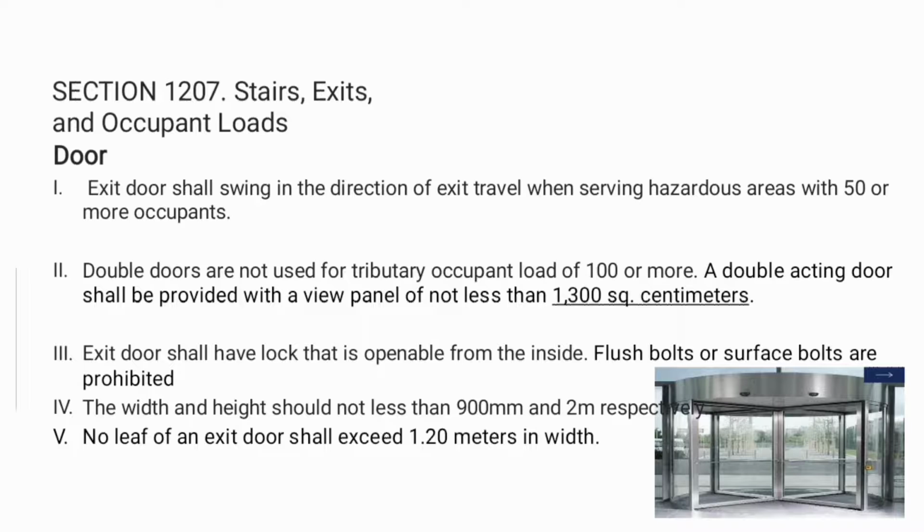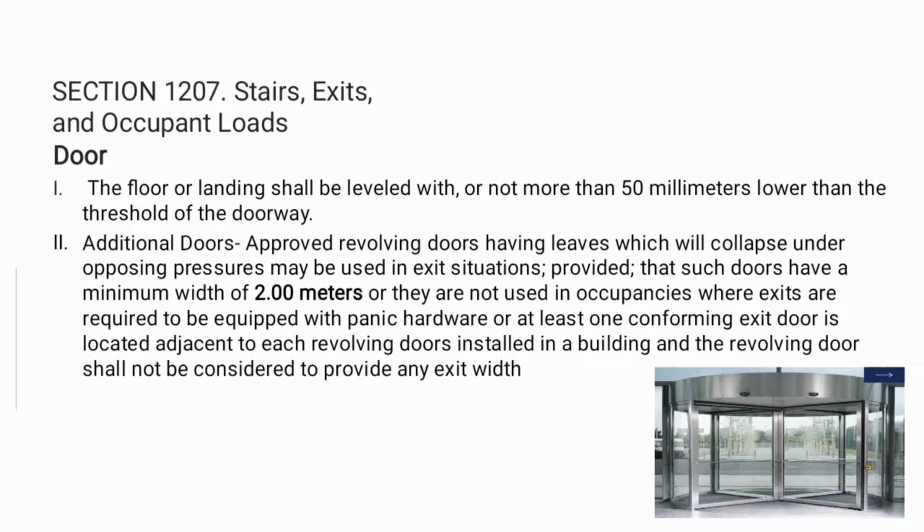And the leaf of an exit door shall not exceed 1.20 meters in width. The floor or landing shall be leveled with or not more than 50 millimeters lower than the threshold of the doorway.